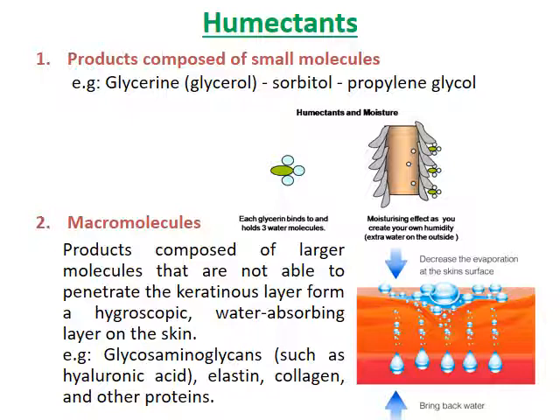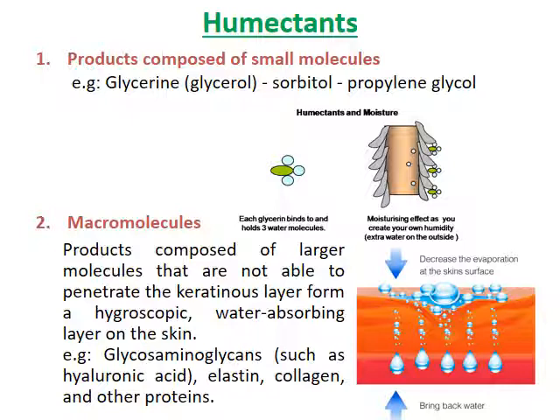collagen, and other proteins. So if we want to compare the small molecules and the macromolecules, the small molecules have the ability to penetrate inside the keratinous layer and reside there to absorb water and increase the moisture content of the keratinous layer. On the other hand, macromolecules, because of their big molecule size, cannot penetrate the keratinous layer.